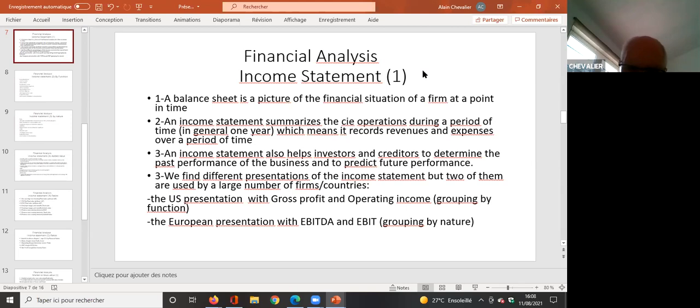And an income statement summarizes the company operation during a period of time, in general 1 year, which means it records revenues and expenses over a period of time. Okay.